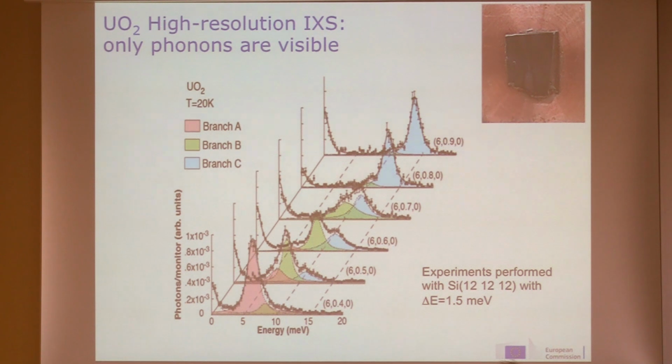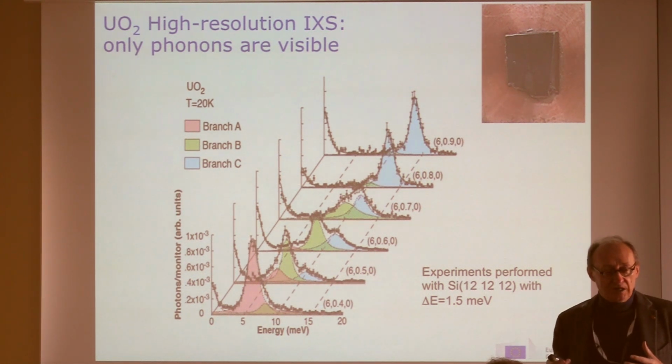What you observe with the inelastic X-ray scattering: I said that if you want to observe magnetic excitations with neutrons, you have to keep Q as small as possible, and you have to go to low temperature to kill the phonon background, the vibrational background. With X-rays, you do not have these problems because essentially you couple only with a vibrational system.